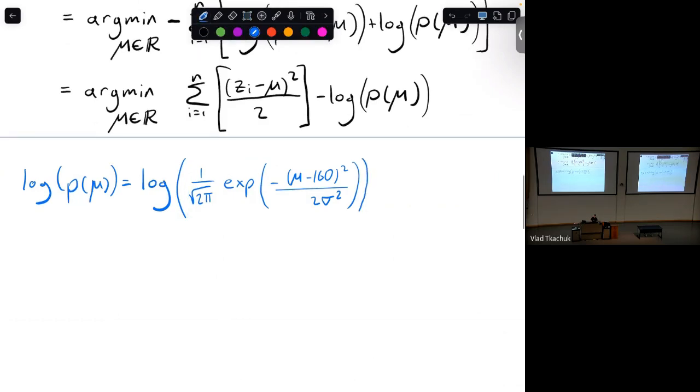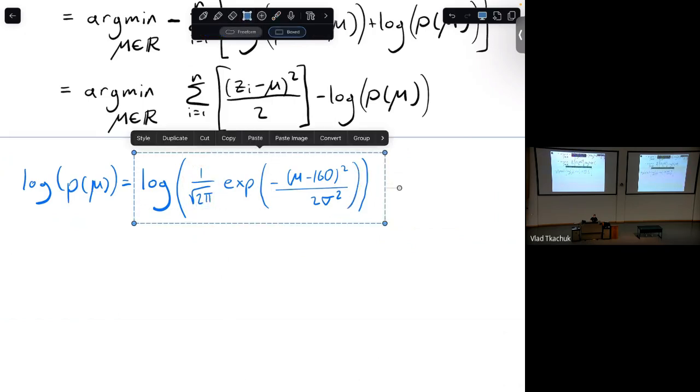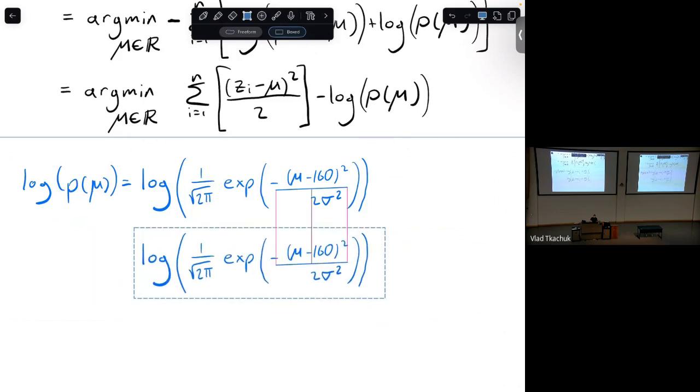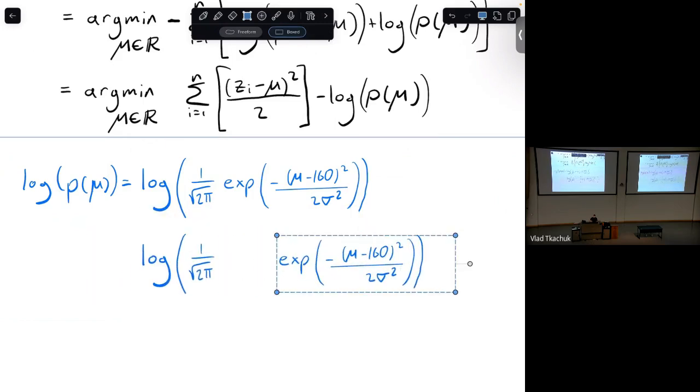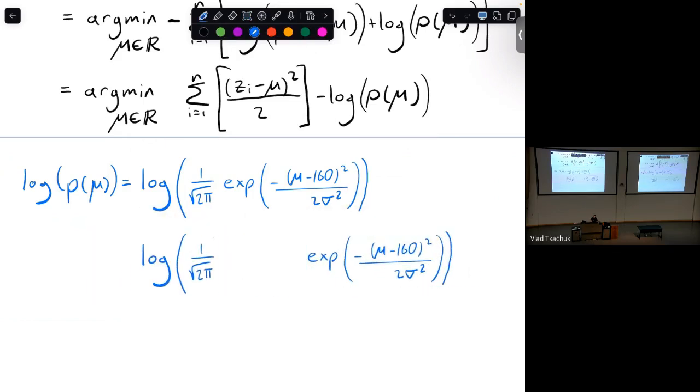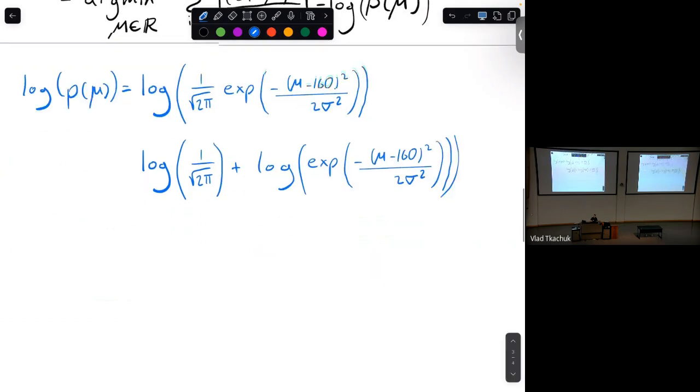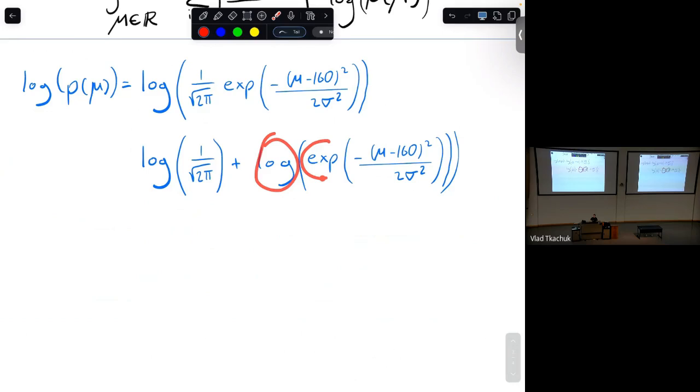And then we observe again, you should learn this trick by now, the log of two products is going to be the sum of the logs. And then nicely, this log cancels with this exponential.